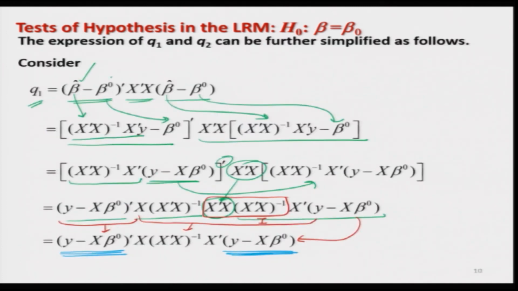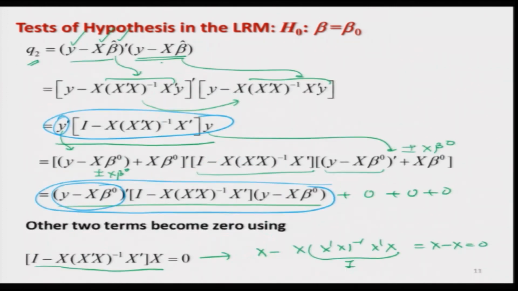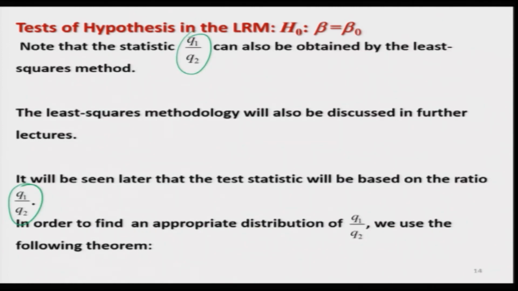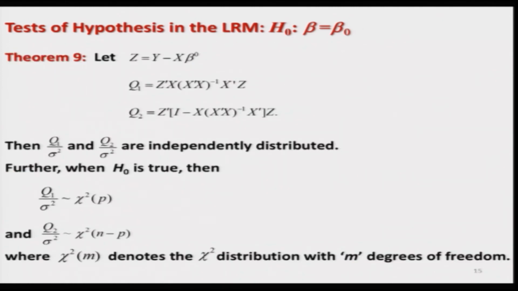Beta hat is known to us, beta naught is unknown to us, x is known to us, so you can also compute Q1. So now Q1 and Q2 are known to us, only the constant C is not known to us. For that, we use the earlier discussed theorem to find their distributions, and then use them in finding the distribution of Q1 upon Q2.